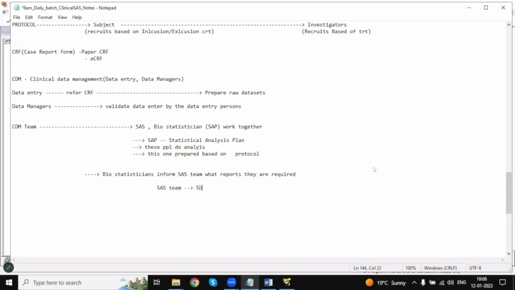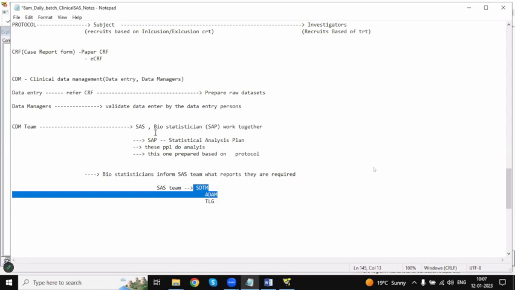What are those reports? This is only SDTMs, ADaMs, and tables. Especially their work is mainly this one only. SDTM, ADaM, anyway, they have standard CDISC rules. Mainly for TLF, tables and listings, what tables they require, what listings are required.